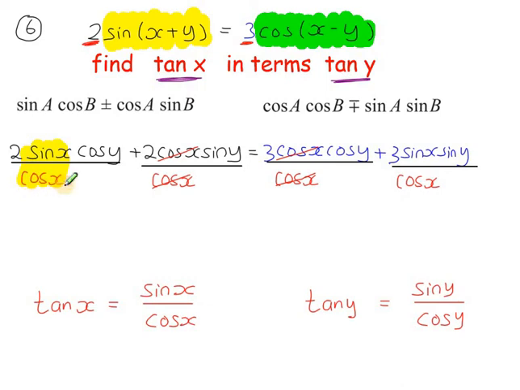So I can replace everything that I've highlighted here with tan x. And I can do the same here. Replace this bit highlighted with tan x. So now this is 2 tan x cos y plus 2 sine y equals 3 cos y plus 3 tan x sine y.